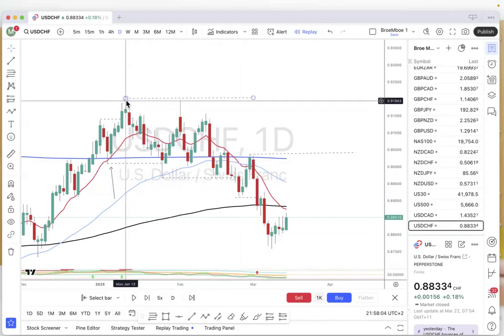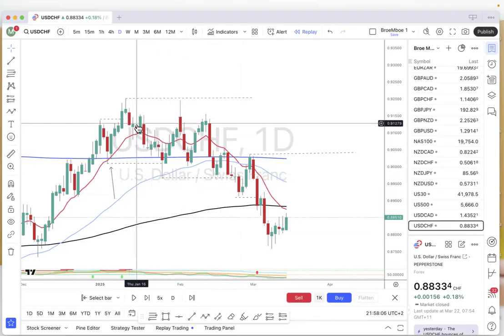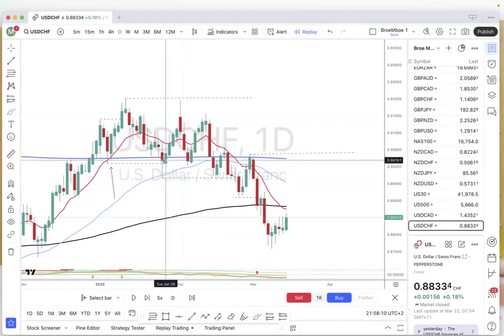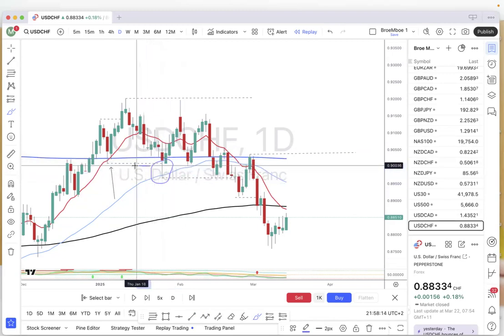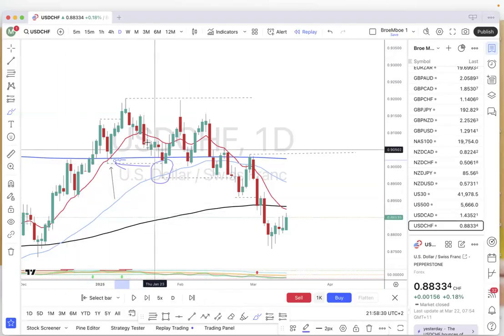So the moment price traded right into that low, that's when we knew that price is now in a downtrend. So this can be an indication to tell you that, yep, market has changed direction.